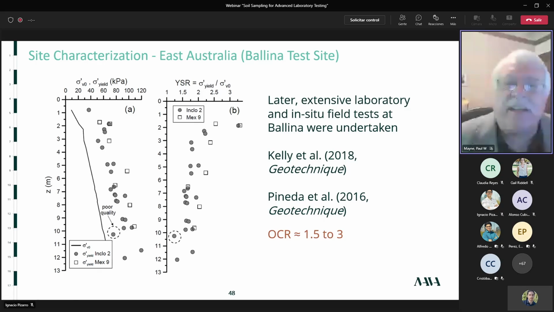You can see that the OCRs are, in fact, 1.5 to 3. So I think even though we had much less data to work with before this full extensive site characterization, we were on the right mark with that, and the older laboratory results are still to be questioned.